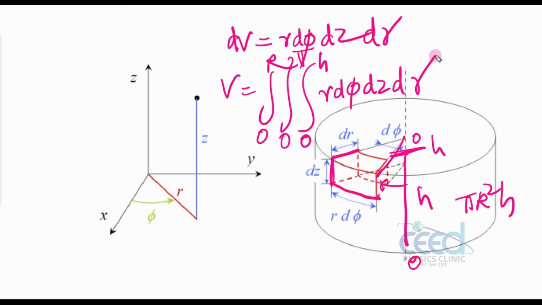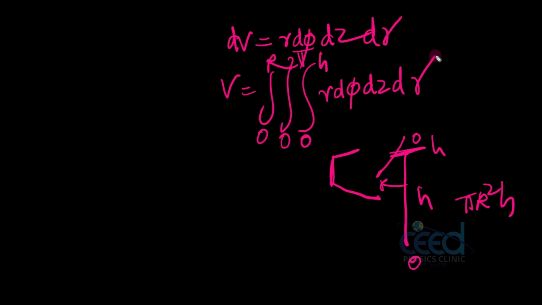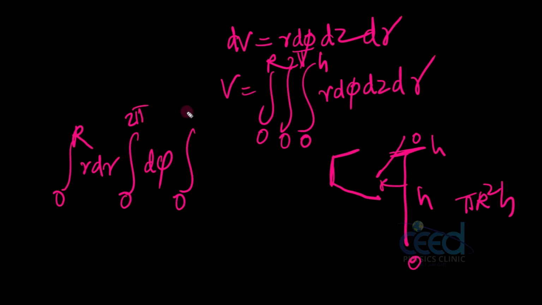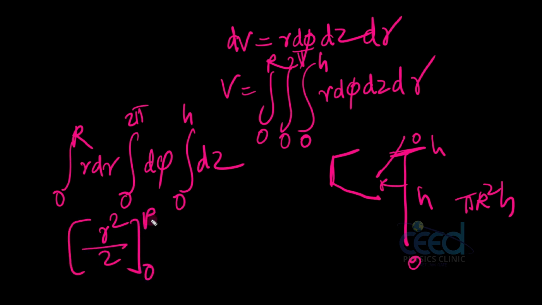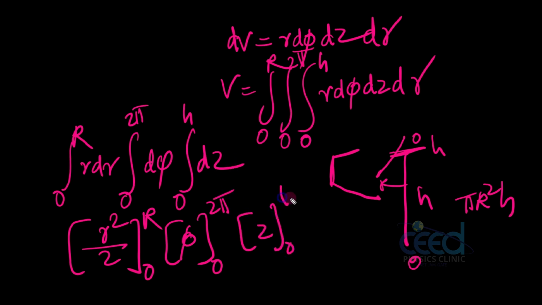Let us go to the blackboard. So this I can write as integral 0 to r dr, integral 0 to 2 pi d phi, and integral 0 to h dz. So when you integrate and apply the limits, r square by 2 from 0 to r, into d phi on integration phi, on applying limit 0 to 2 pi, and dz on integration z, that is 0 to h.